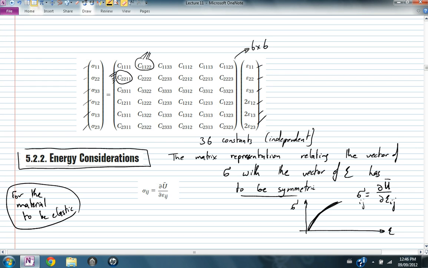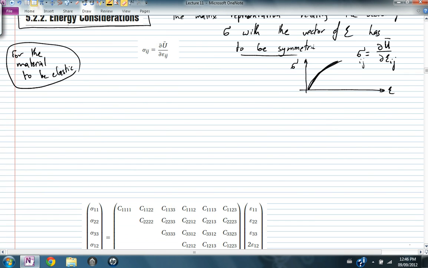And this means the following. For example, sigma 1 is equal to partial U by partial epsilon 1, which is equal to C111 epsilon 11 plus C1112 epsilon 12 plus, and so on.